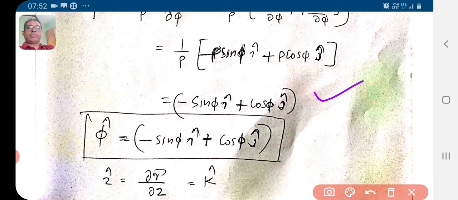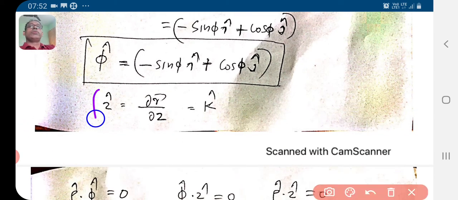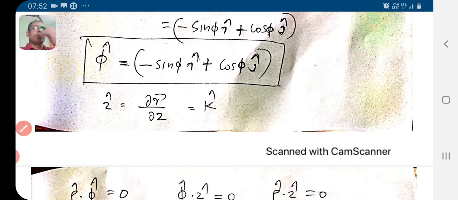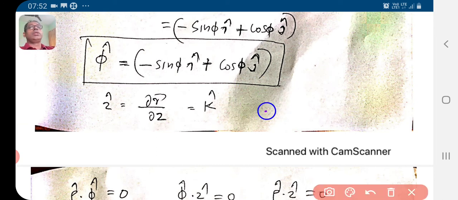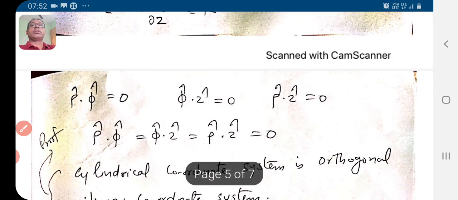So unit vector phi is minus sin phi i plus cos phi j. And unit vector z, that is dou r dou z, is equal to k. So we have found the three unit vectors rho, phi and z by using the general expression.